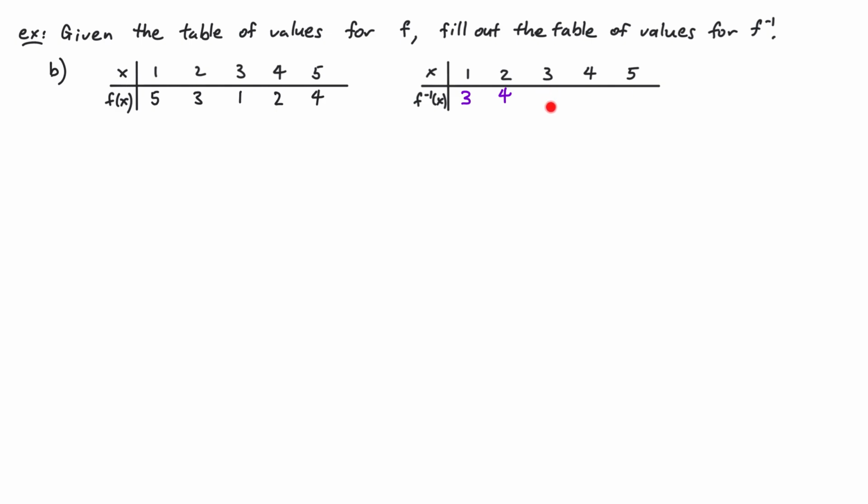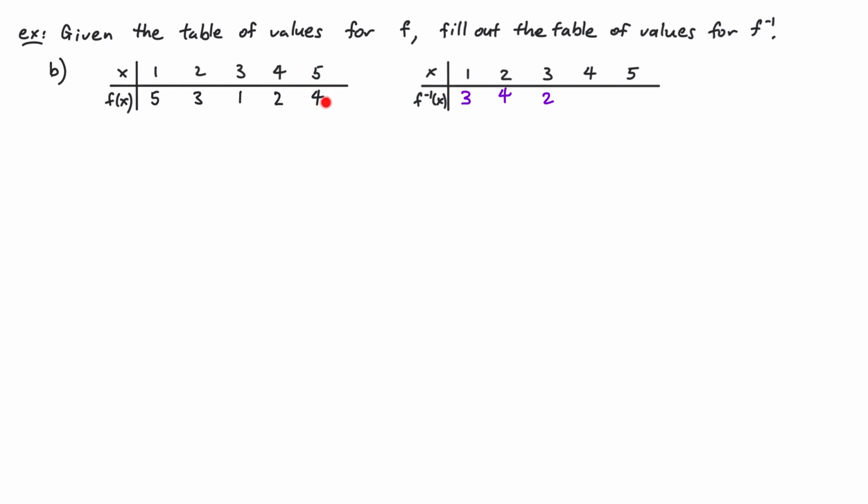For f inverse of 3, we want to go to our table for f and see where 3 shows up as the output. We have this entry here. When we input 2 to the f function, we get the output 3. So for our inverse function, if we input 3, we should get the output 2. For f inverse of 4, we look at where 4 shows up as the output for f. We have this entry here.